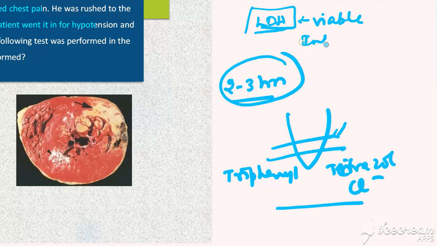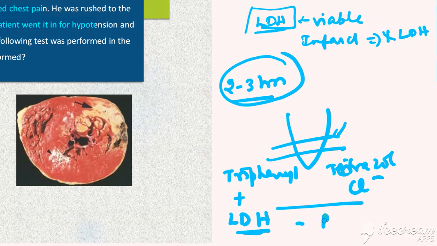Whenever you have a myocardial infarction, the cardiac myocytes at that place rupture their cell membrane and release the LDH, so you won't have LDH enzyme. When you add this chemical, if you have LDH, it will turn brick red. So whatever appears brick red after adding triphenyl tetrazolium chloride is viable myocardium. Whatever appears pale is infarcted myocardium.